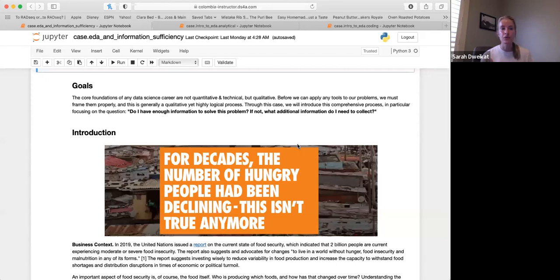One of our goals for this case is, do I have enough information to solve this problem? And if not, how do I get the additional information that I need to collect? How do I collect that information? We're going to go through that process of starting out with something really broad and narrowing it down, so that towards the end of the case we'll have a very particular question we're going to answer that can lead us back to approaching that really broad question.